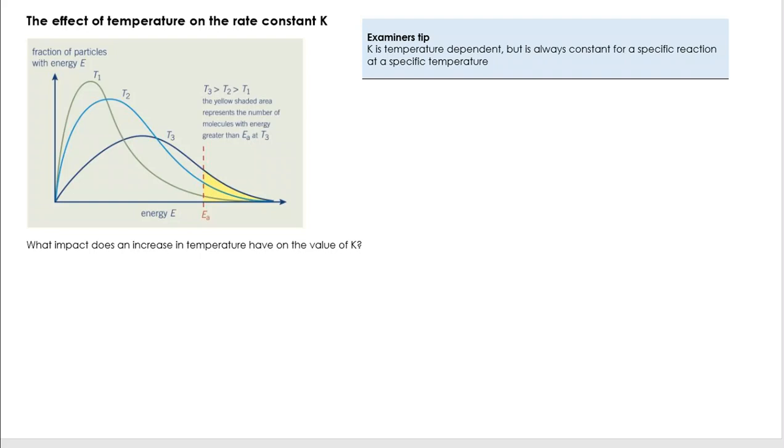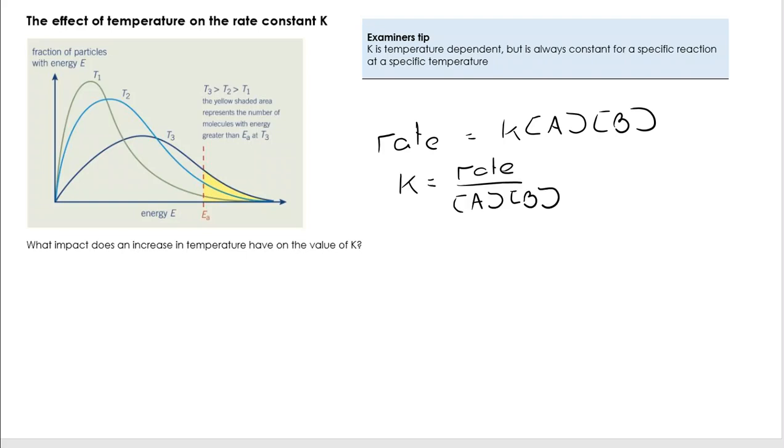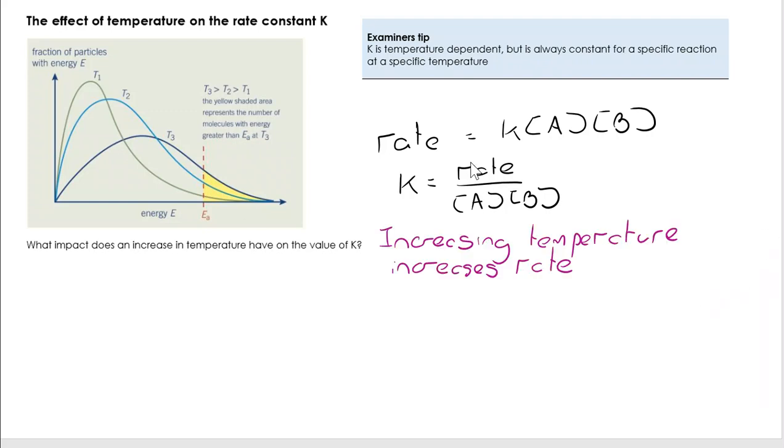Now on here, what I'm going to start with is the rate equation. I've picked any random one. I've done k[A] times [B], but you could do this with any. If I rearrange that to make k the subject, you can see that k is rate over [A] times [B]. And what that essentially means is that in a given reaction, if the only thing we're changing is temperature, then increasing temperature will increase rate.